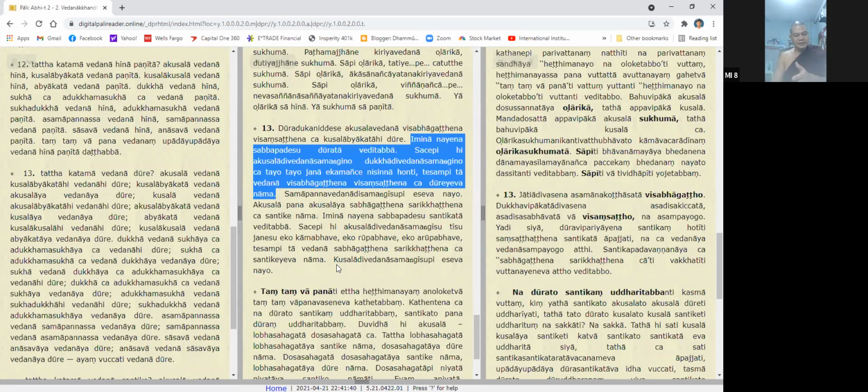Akusala vedana, dukkha vedana. Here, akusala vedana is due to jati, so we say dukkha vedana is due to nature. Different already. Deyo jana eka mache nisena hodi. They sit in the same coach, tisabhita vedana, they are feeling. Visabhaka visasada thena durayewa nama.